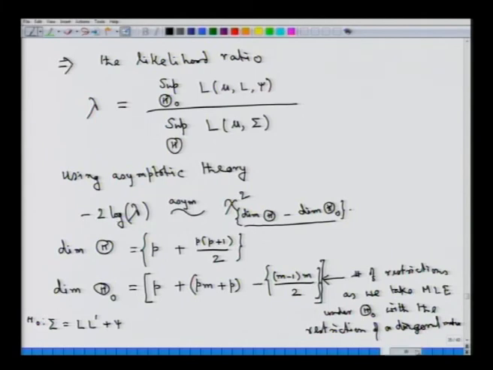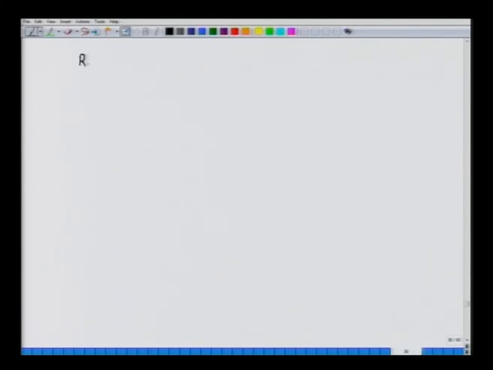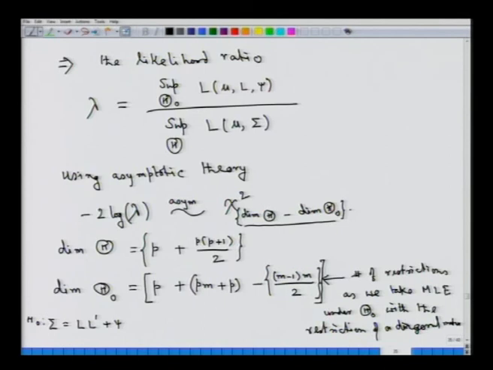So, we will thus reject the null hypothesis. Now, if we look at this likelihood ratio, when the numerator term, the supremum over script theta naught, is too small with respect to the supremum over script theta, then we usually reject the null hypothesis.